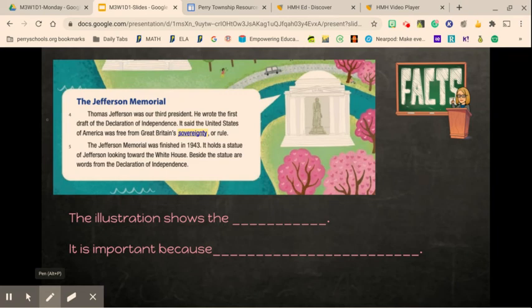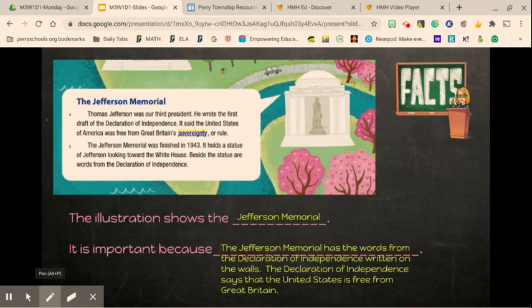The Jefferson Memorial was finished in 1943. It holds a statue of Jefferson looking toward the White House. Beside the statue are the words from the Declaration of Independence. So this illustration shows the Jefferson Memorial, and it's important because the Jefferson Memorial has the words from the Declaration of Independence written on the walls. The Declaration of Independence says that the United States is free from Great Britain.